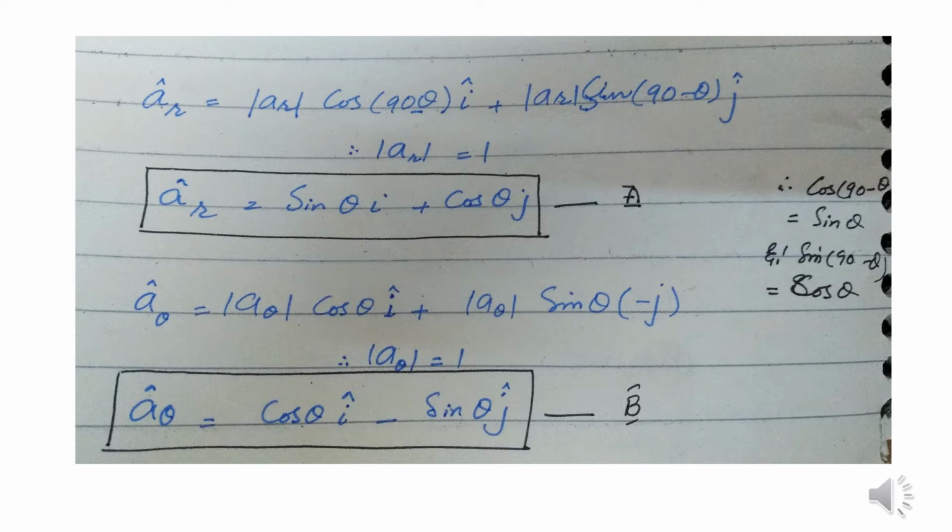Giving that equation A. A theta unit vector is equal to A theta mod cos theta i cap plus A theta mod sin theta minus j cap.